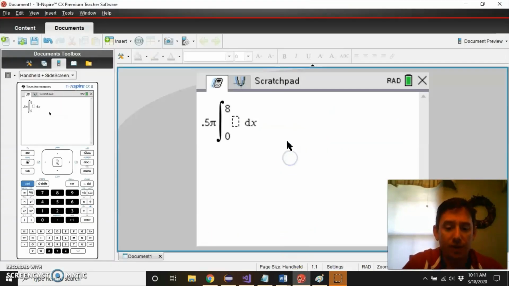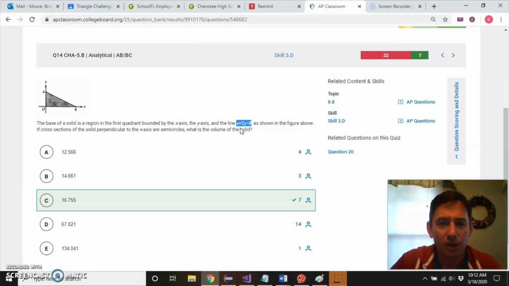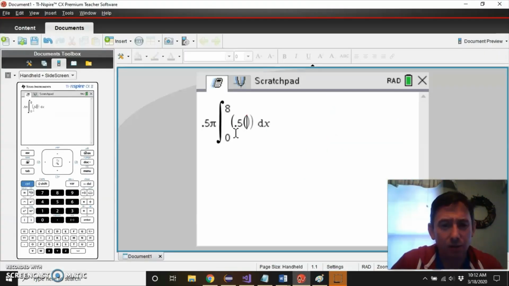So my radius is going to be 0.5 times whatever this distance is, which goes from the top line down to 0, so it really just is the top line. So I just have to manipulate this and solve for y. So that'll be 8 minus x over 2.